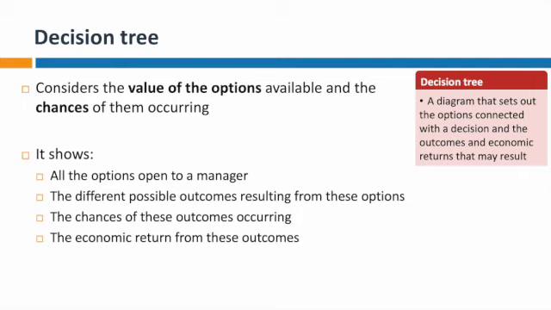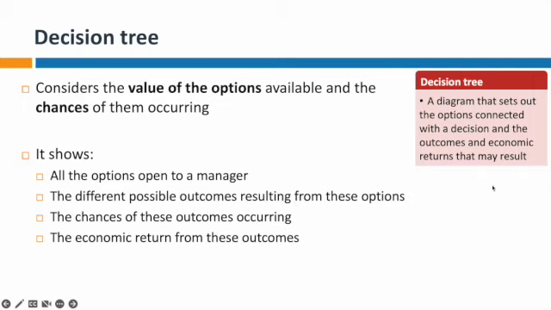The manager uses it to see all the options that are available. The decision tree shows us the different possible outcomes resulting from these options. So before, as we could see, the outcomes were the money raised, the chances of these outcomes occurring, and the economic return from these outcomes.